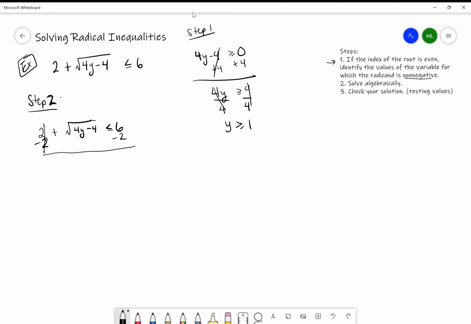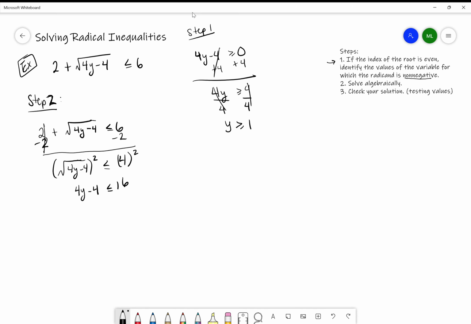This goes away, we're just left with the square root of 4y minus 4 on this side, and 6 minus 2 is 4. To get rid of the radical, let's square both sides. Square the left-hand side to get rid of the radical, and I have 4y minus 4 is less than or equal to 4 squared, which is 16.